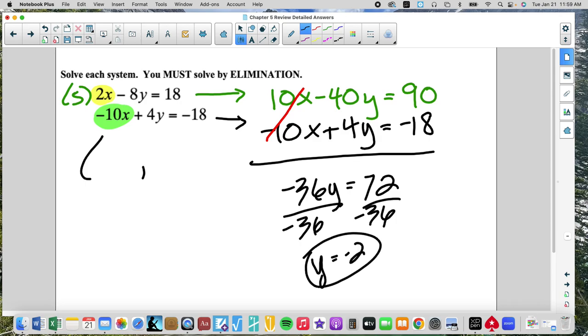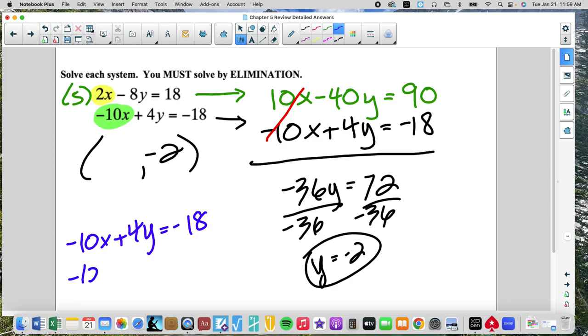So I have the y value of my solution. It doesn't matter which equation I pick, I can pick any of them. Let's pick the bottom one because I picked the top one before. So negative 10x plus 4y equals negative 18.